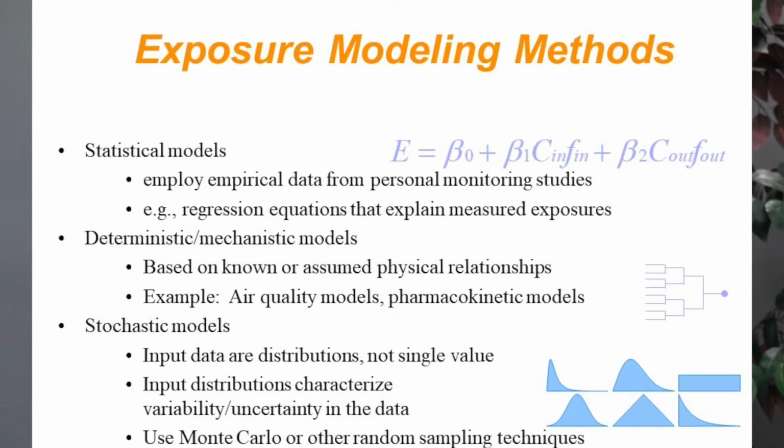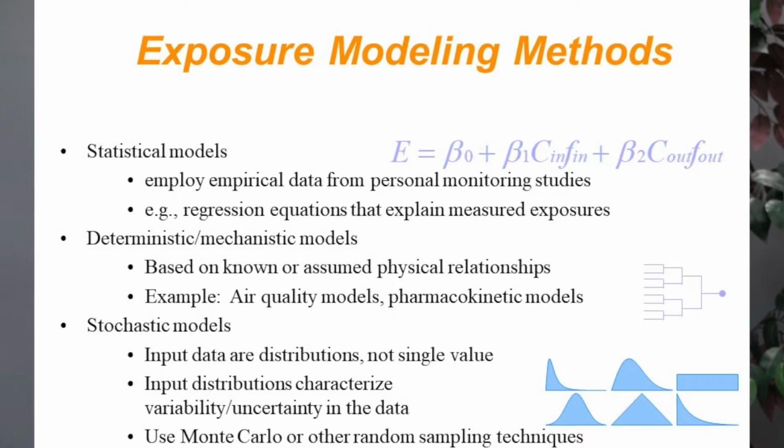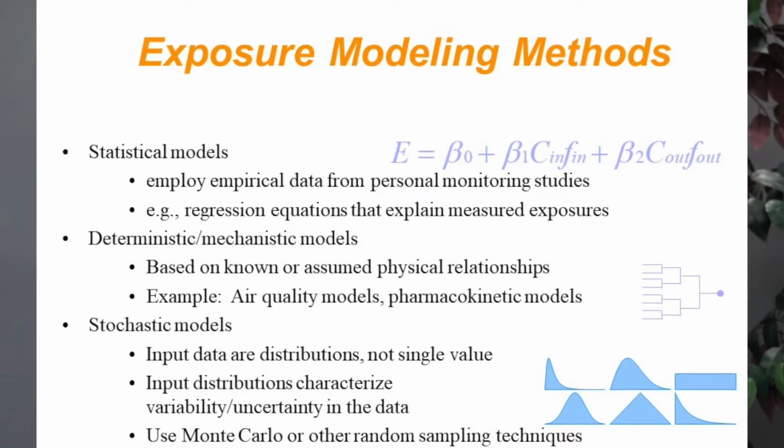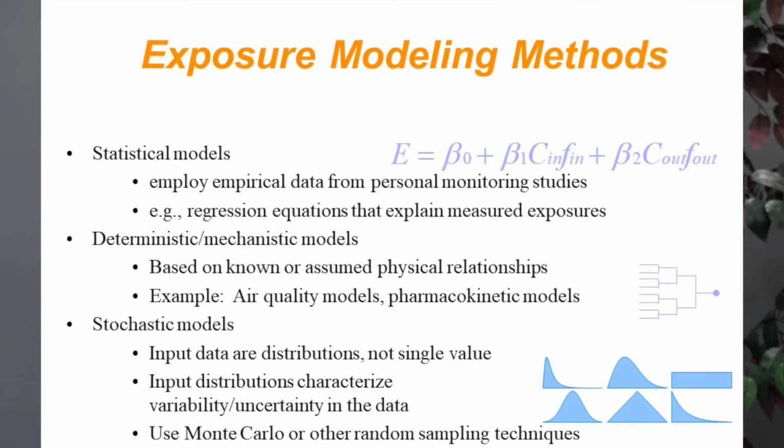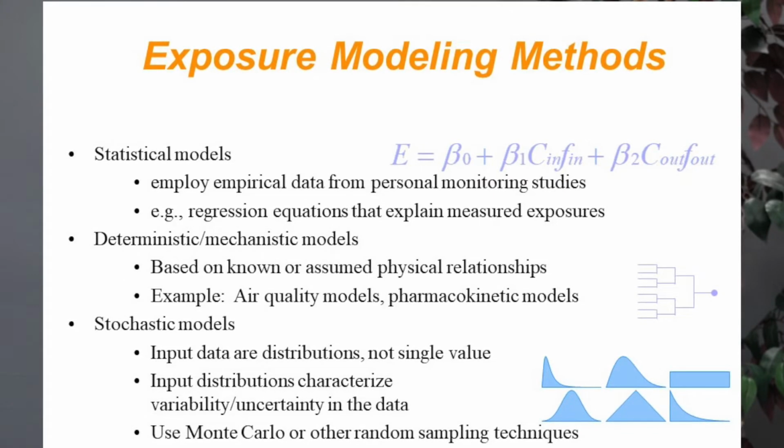Exposure equals a constant term plus a regression coefficient times indoor concentration, and how much outdoor concentration penetrates indoors. And then the third term is the amount of outdoor concentration. So we have microenvironmental exposures characterized using statistical variables.